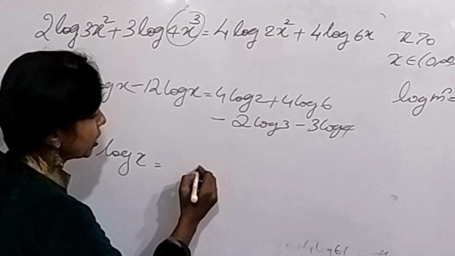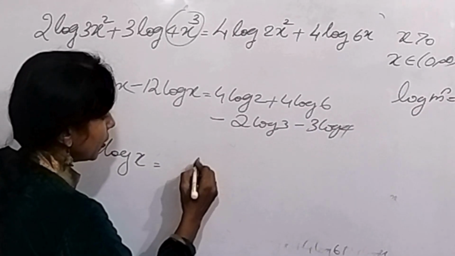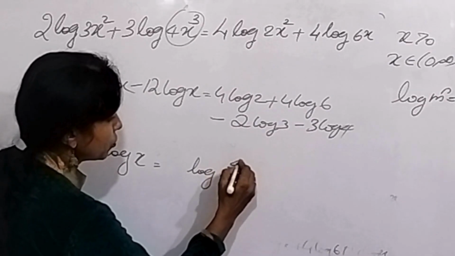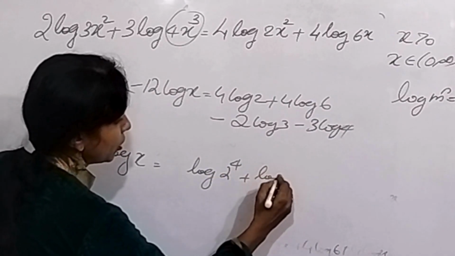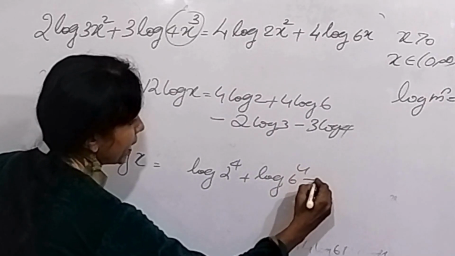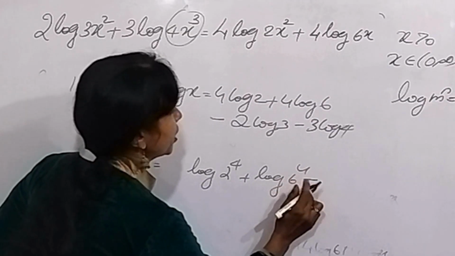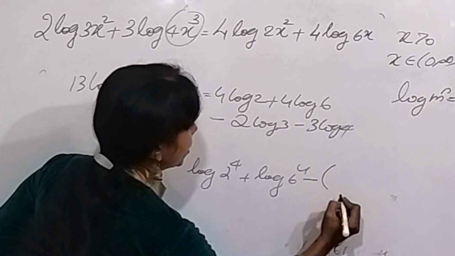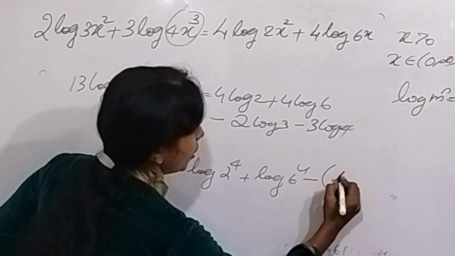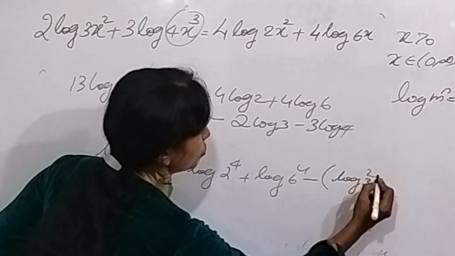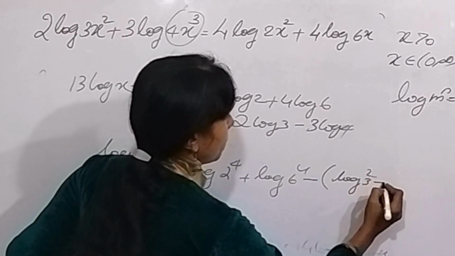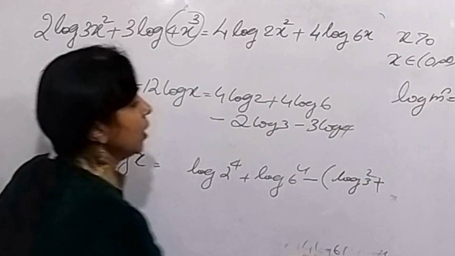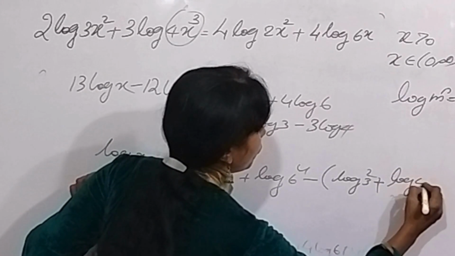Now 4 log 2 is equal to, we can write it as log 2 raised to 4 plus log 6 raised to 4 minus, I'm just putting the minus sign common, so here log 3 raised to 2 plus log 4 raised to 3.